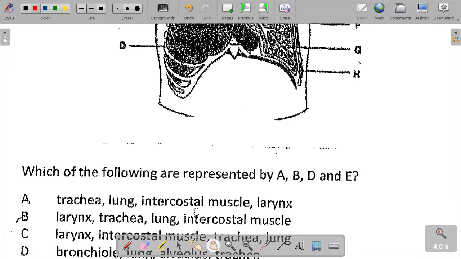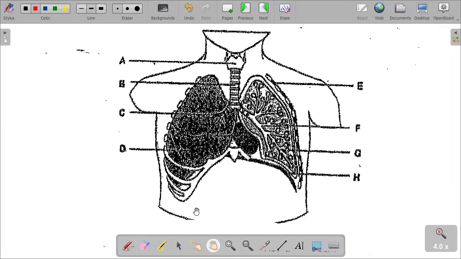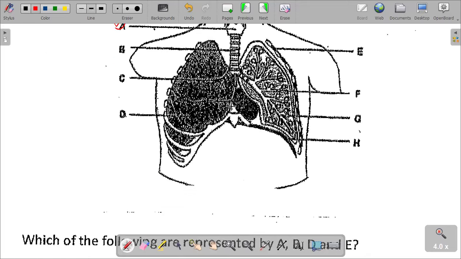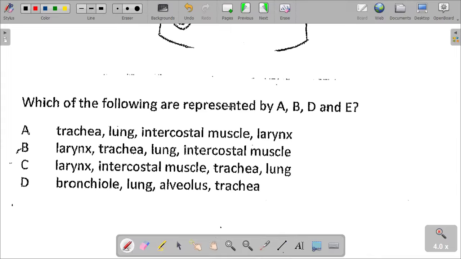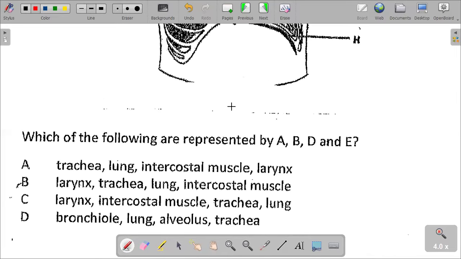Which of the following are represented by A, B, C, D? The question wants us to identify what is represented by A, D, and E, which is number 6.